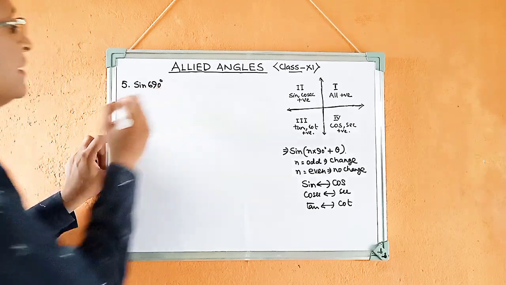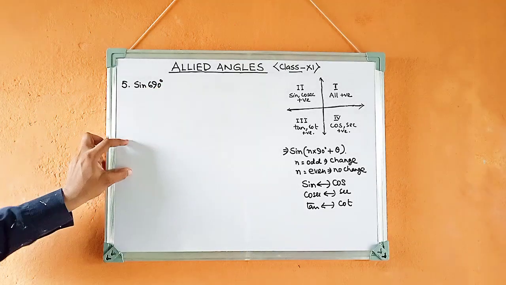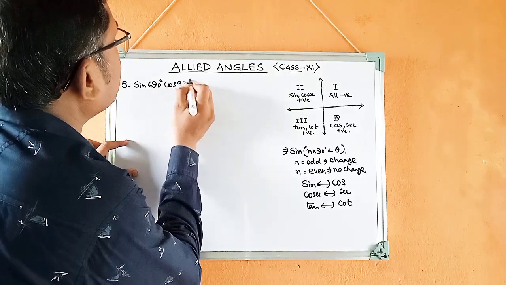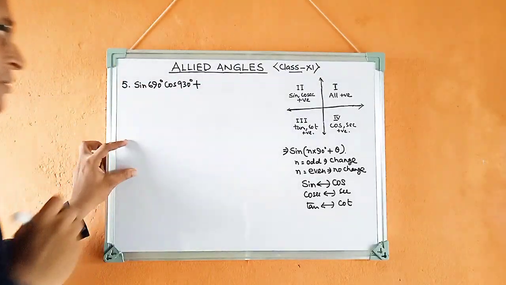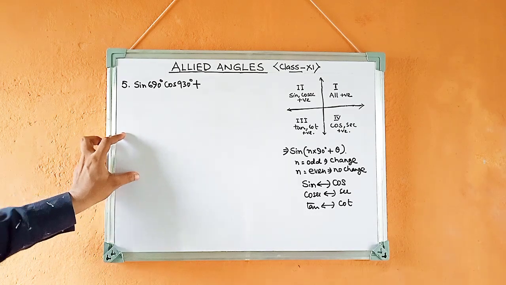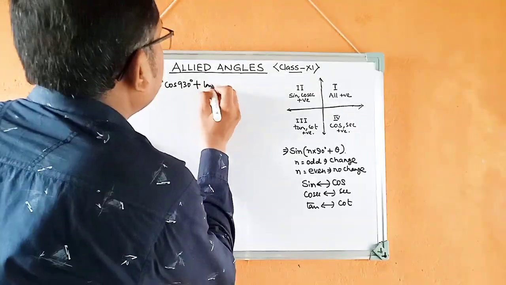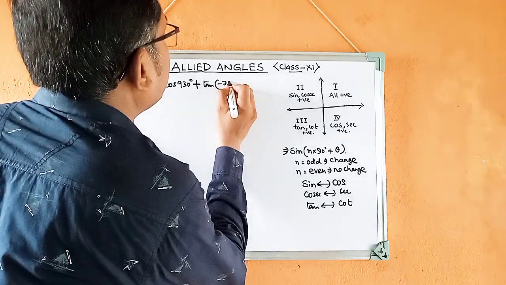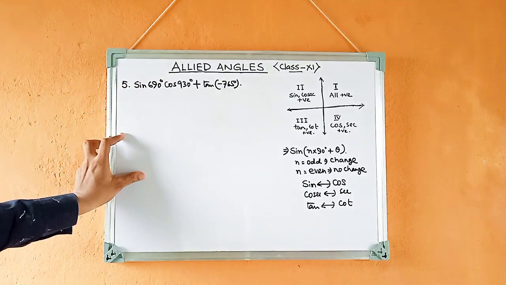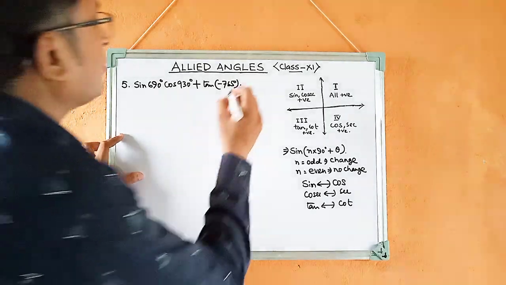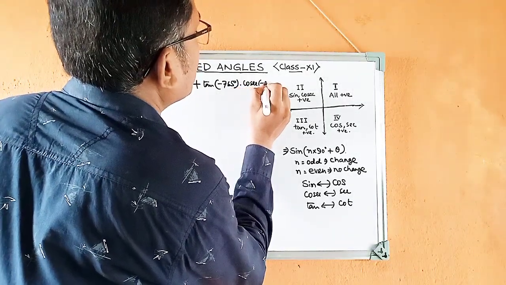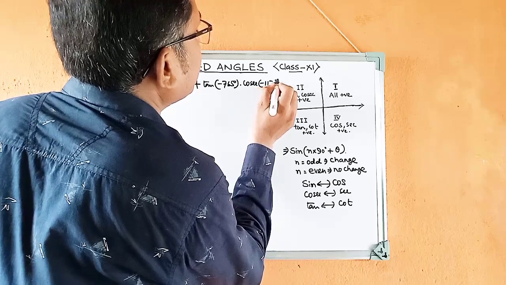sine 690 degree into cos 930 degree plus tan minus 765 degree into cosec minus 1170 degree.